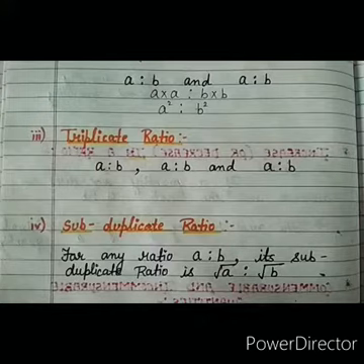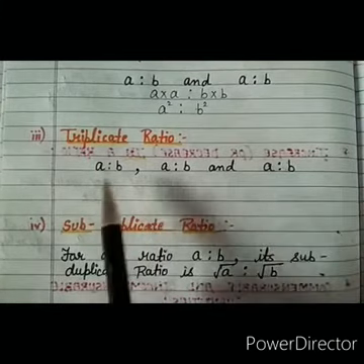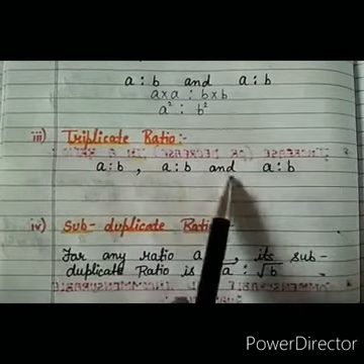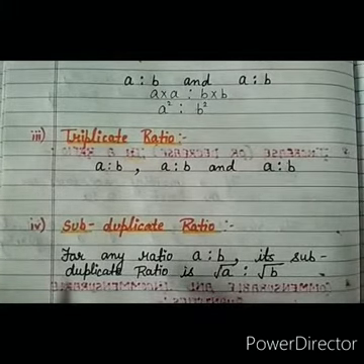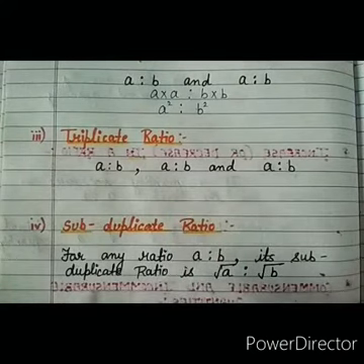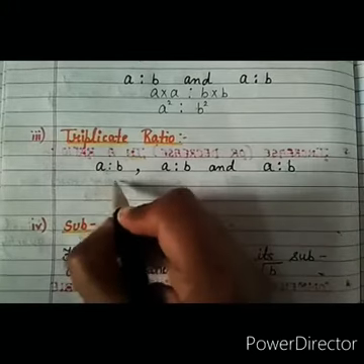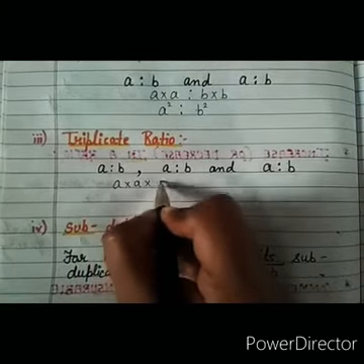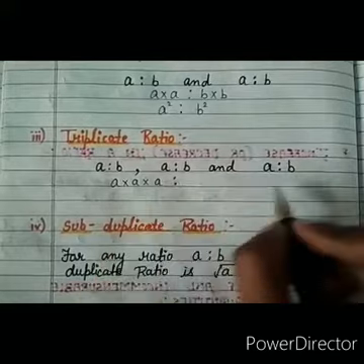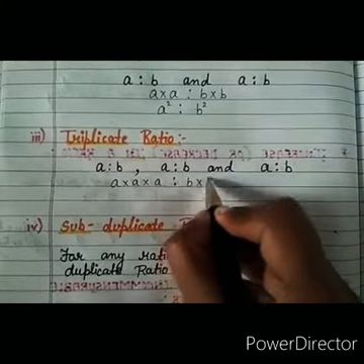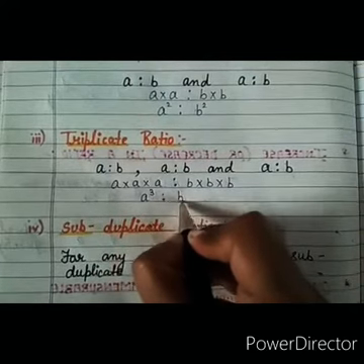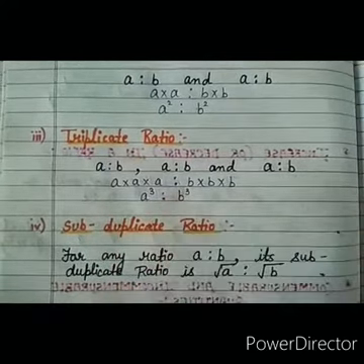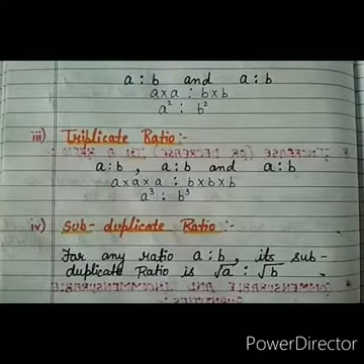For example, here we have three equal ratios, A is to B, A is to B and A is to B. Then we have to find the compound ratio of these three ratios. So we multiply the first terms of these three ratios, A into A into A, is to the second terms of all three ratios, B into B into B. So it will become A cube is to B cube, and it is known as triplicate ratio.